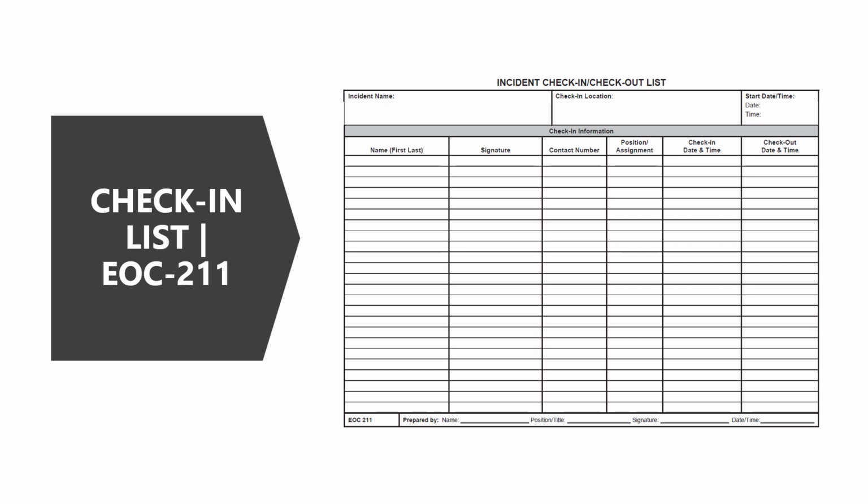Should be near the door to the EOC. Come in, you sign in. Before you leave, please sign out. That just helps with accountability and helps us with the documentation side on the back end. This is a responsibility of the planning section to maintain and ensure is completed at the end of each day.